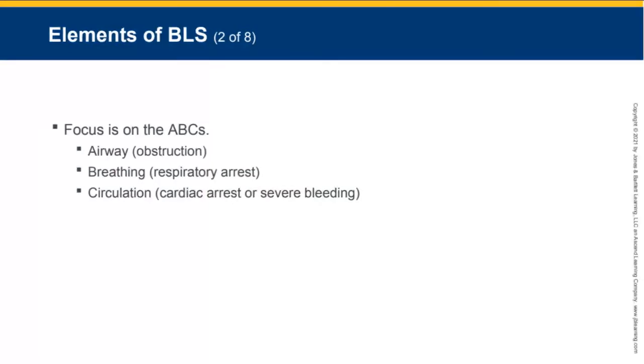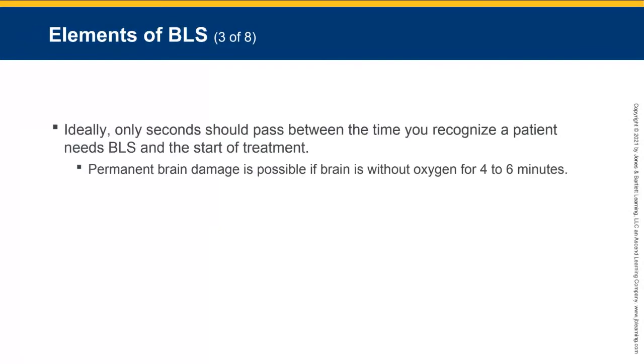It focuses on the ABCs: airway obstruction, breathing, respiratory arrest, circulation, cardiac arrest, or severe bleeding. Ideally, only seconds should pass between the time you recognize a patient needs BLS and the start of treatment.